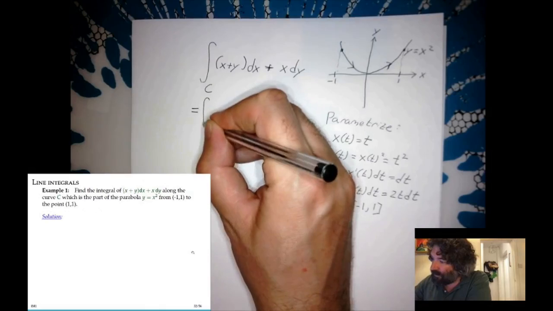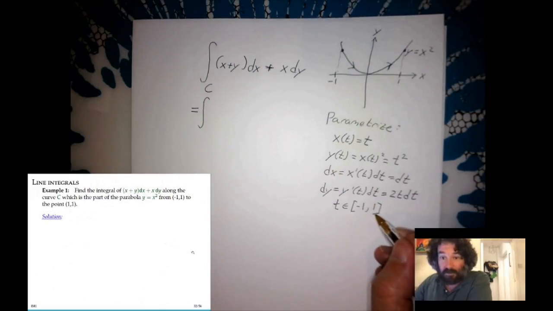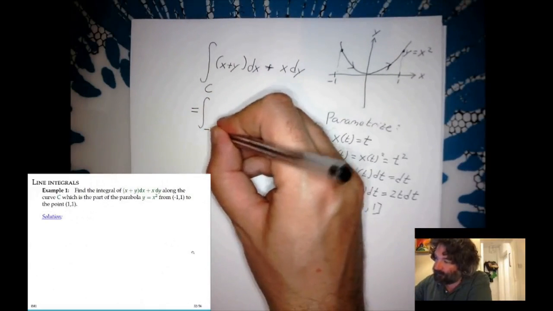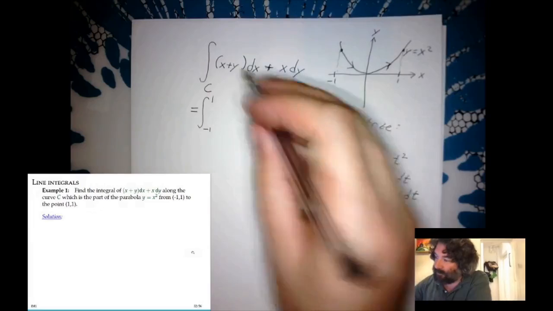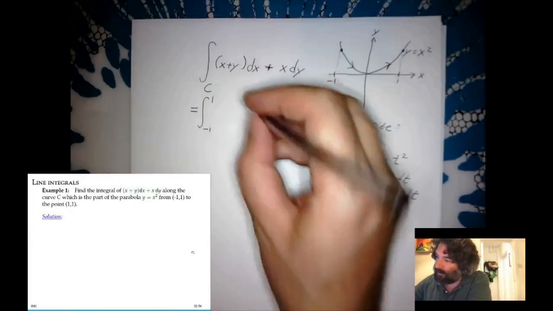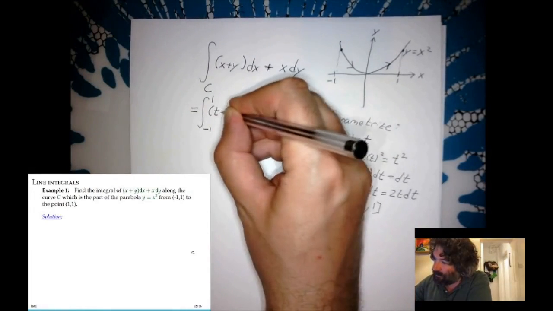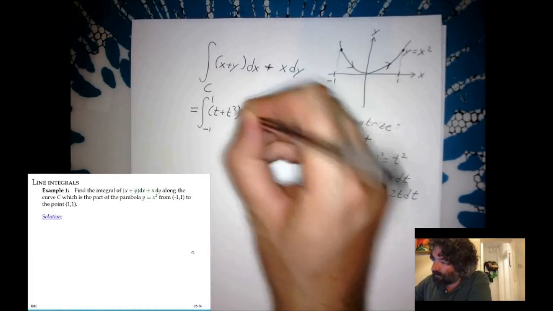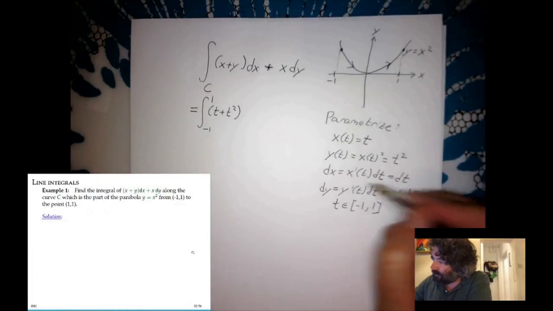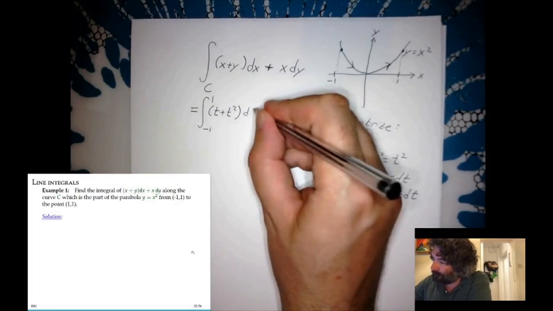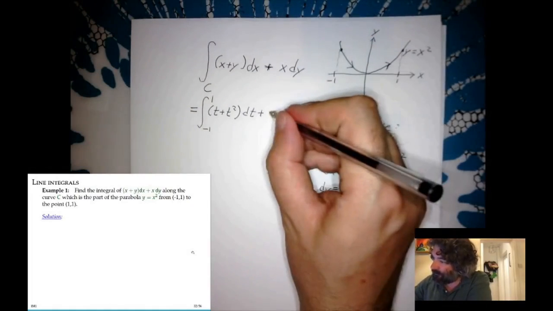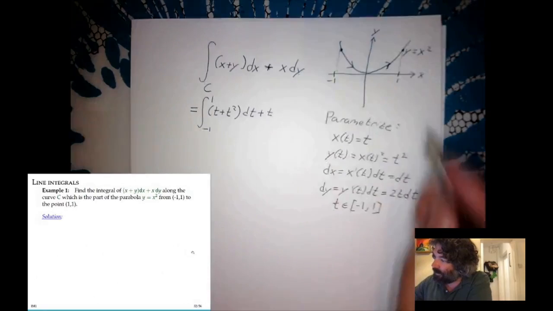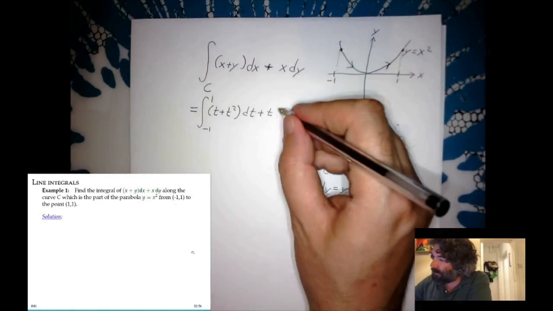So it's going to be the integral from -1 to 1 of, well, x plus y. X was t, y is t squared, so that's t plus t squared. And dx was dt plus x is again t, and then dy was 2t dt.